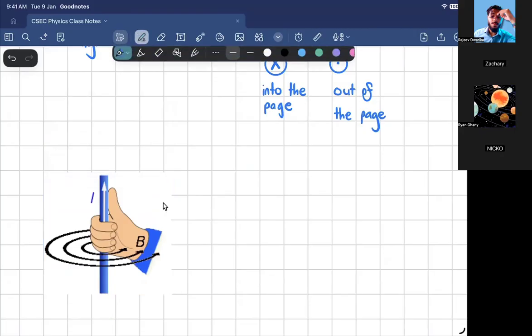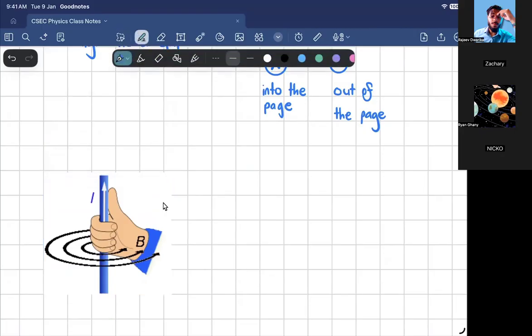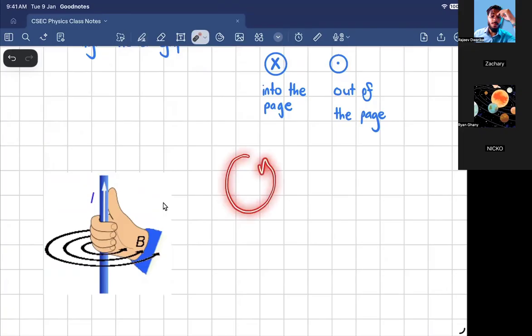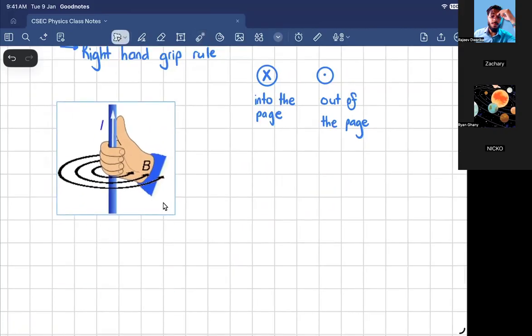Anti-clockwise and clockwise. You've got to figure it out, right? Because you're talking about directions around in a circle. So when you're using the right hand grip rule, your thumb indicates the direction of the current, and your fingers curl in the manner in which the magnetic field is around the current carrying conductor.